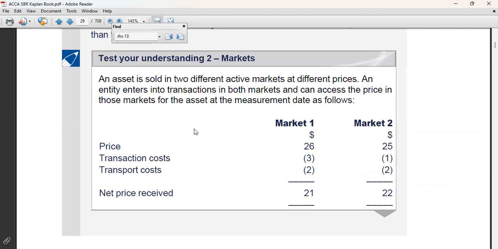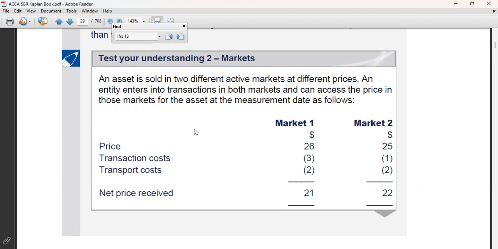But when we come to the most advantageous market, that is where you need to be careful. In the most advantageous market, we said that we want the place where we can get higher money.